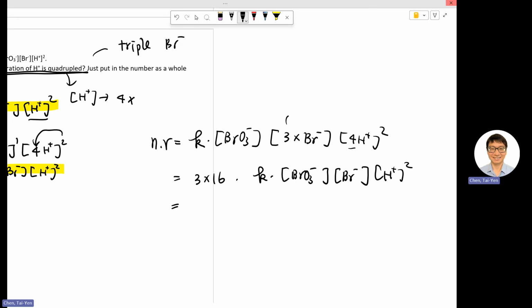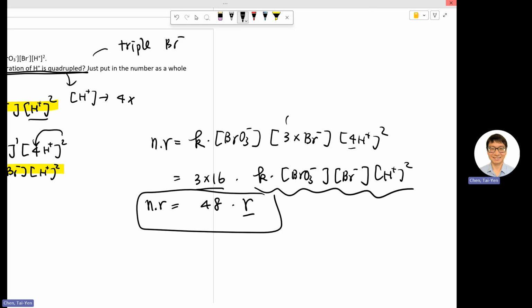So this gives you 48. This is the definition of your original rate. Therefore, your new rate will be 48 times faster compared to the old one. That is how you estimate, when you change the concentration of your reactant, how that will affect your reaction rate. I hope this is clear.